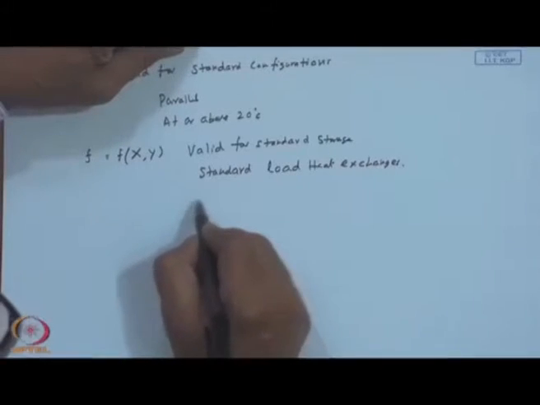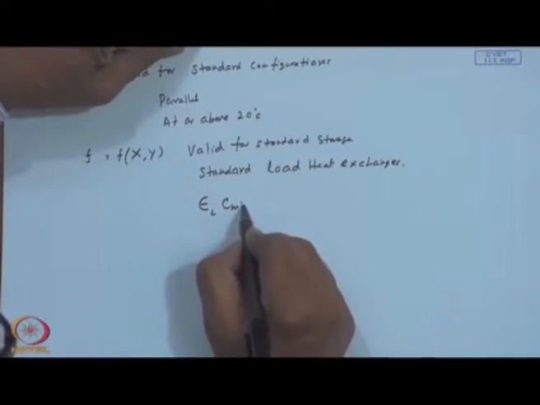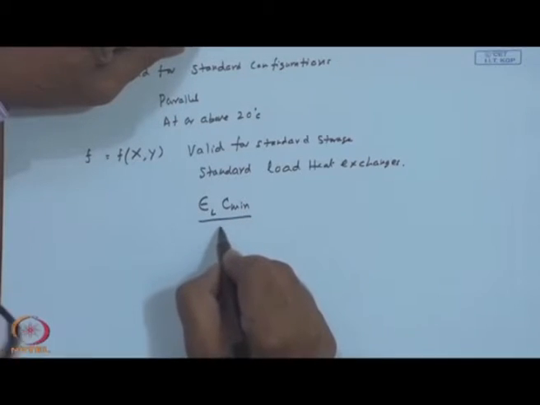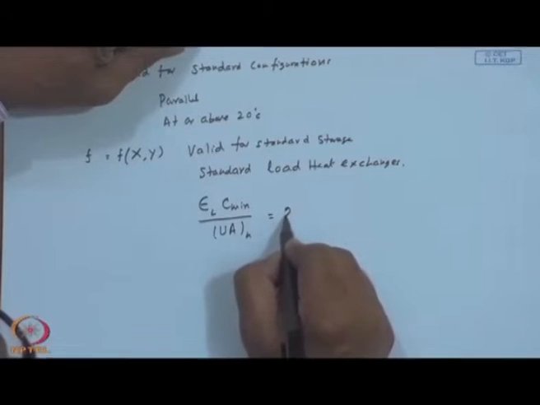Whereas, in the case of water heating, there should be an exchange mechanism from the heat of the water to heat the air, which in turn goes to the rooms to keep them at a comfortable level of approximately 20 degrees C. So, this is valid for a standard load heat exchanger for a value of epsilon L C minimum by U A house equal to 2.